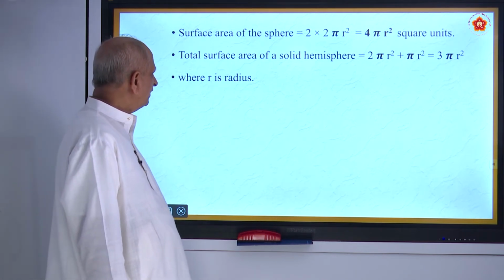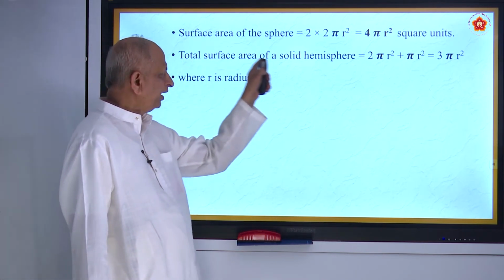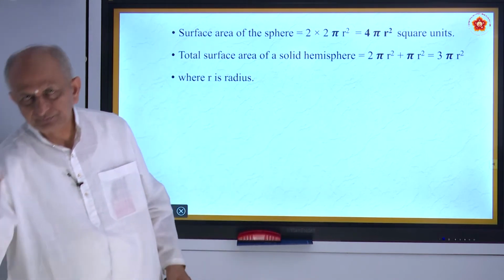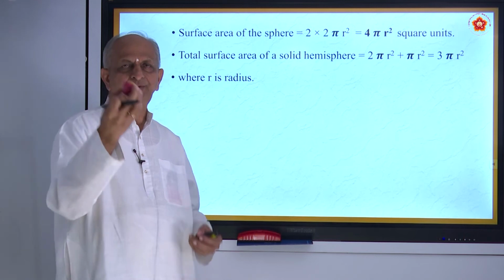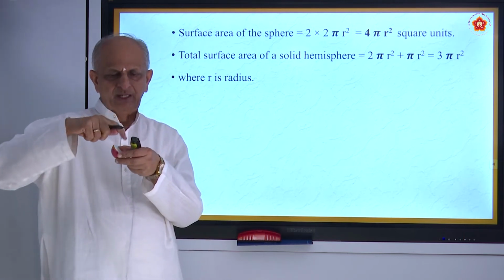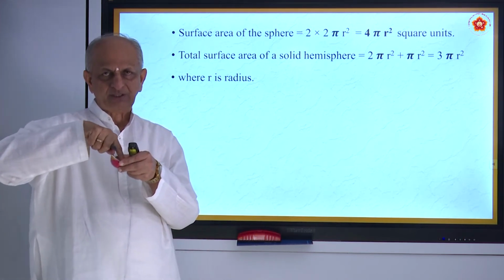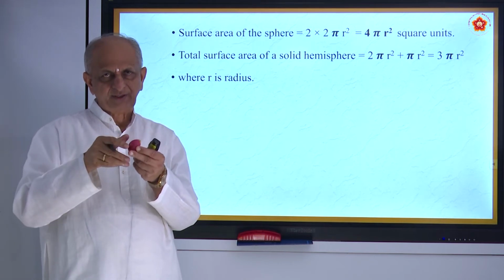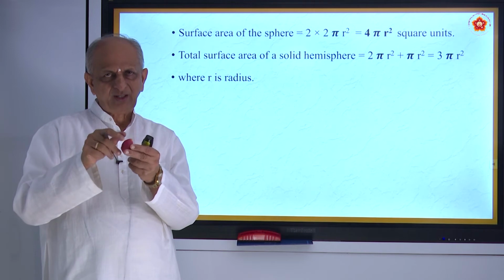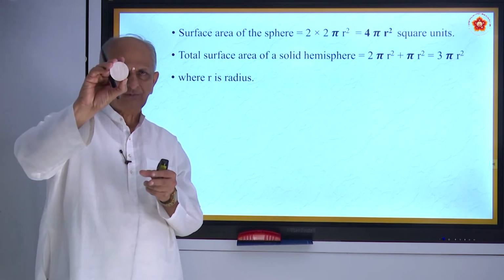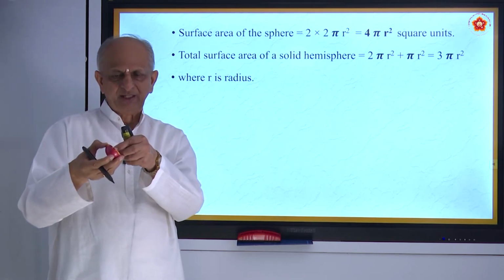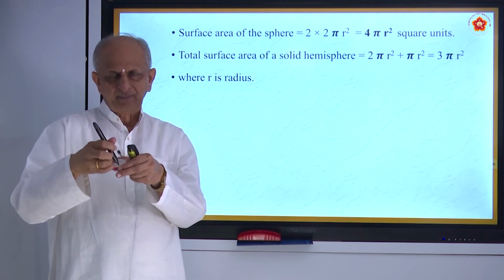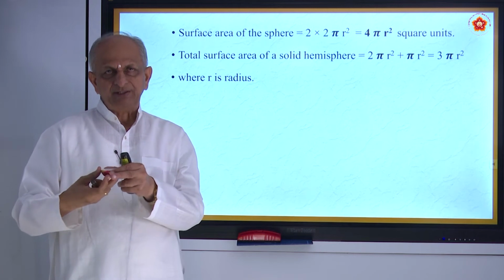Suppose you want the total surface area of a solid hemisphere. This is called a solid hemisphere. If you want the total surface area, it is the area of the circle plus the curved surface area of the hemisphere, totally 2 pi r square plus pi r square. Are you following? Here r is the radius. How to draw the radius? From the center, mark a distance to the circumference.